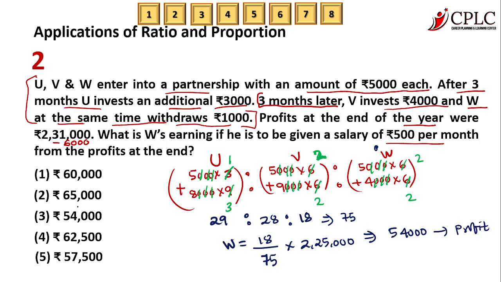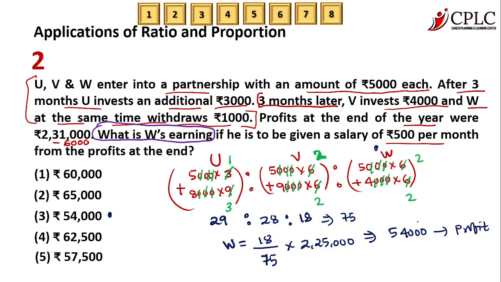Now hold on, do not mark this answer as 54,000. Why? Because you have to read the question very, very carefully. If you look at the question, it says, what is W's earning? Very, very important word: earnings. And if you remember, he has been given a salary of 500 rupees per month also for the entire 1 year. And his profit is 54,000.